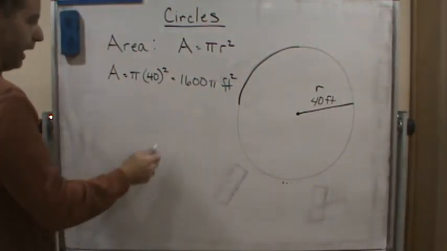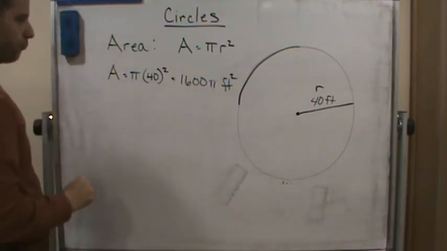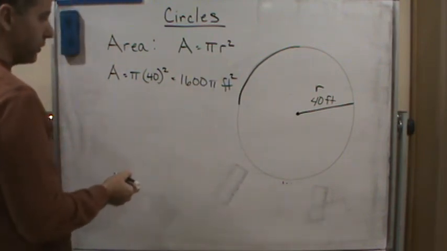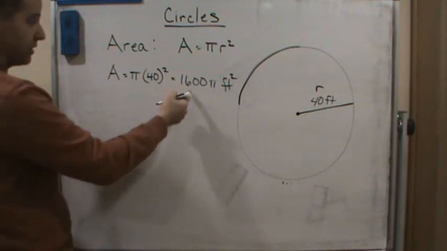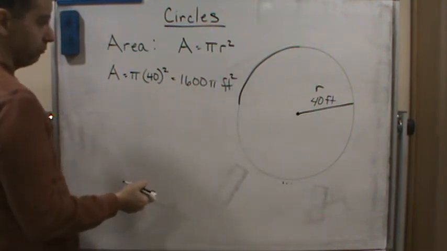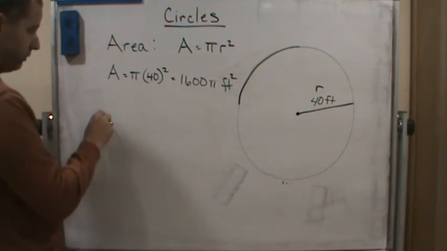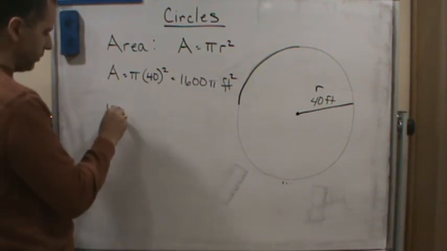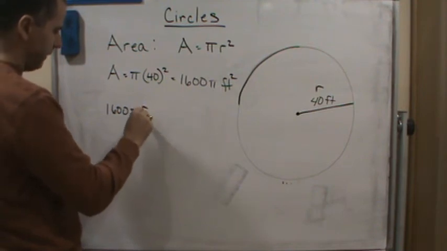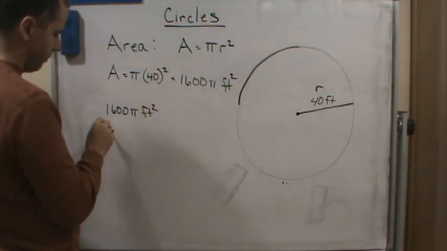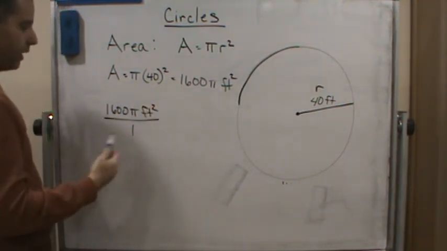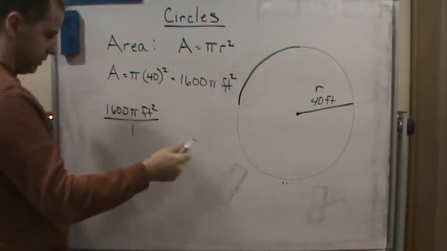Well, this is square feet, right? Well, I want to change this into acreage, right? So how do I do that? Well, let's do my conversion, right? So I start with 1,600 pi square feet over 1. And I want to change this into acres. So guess what?